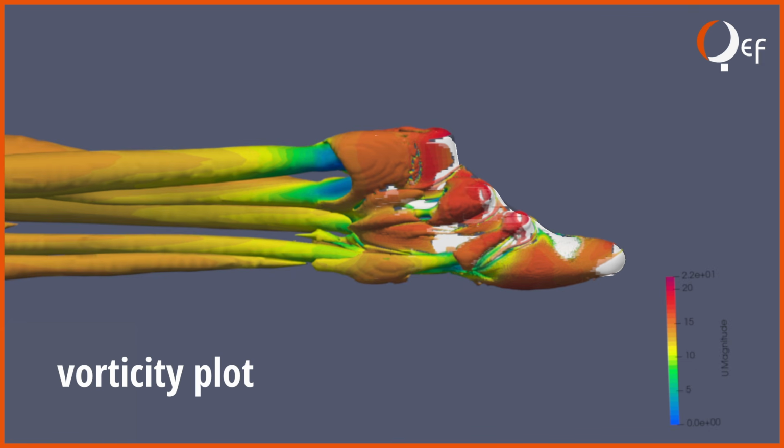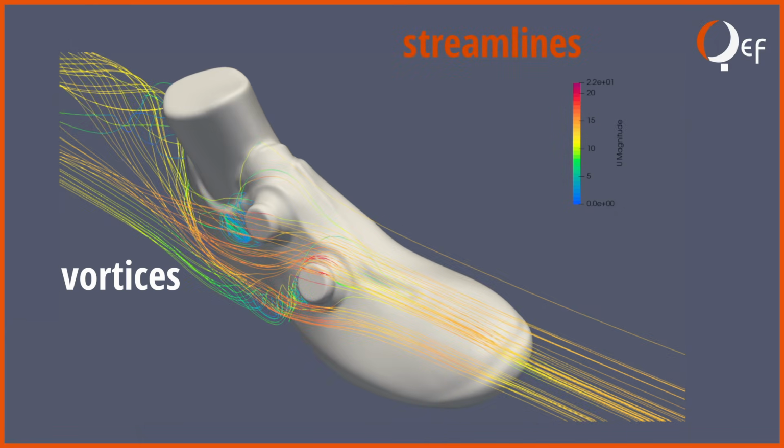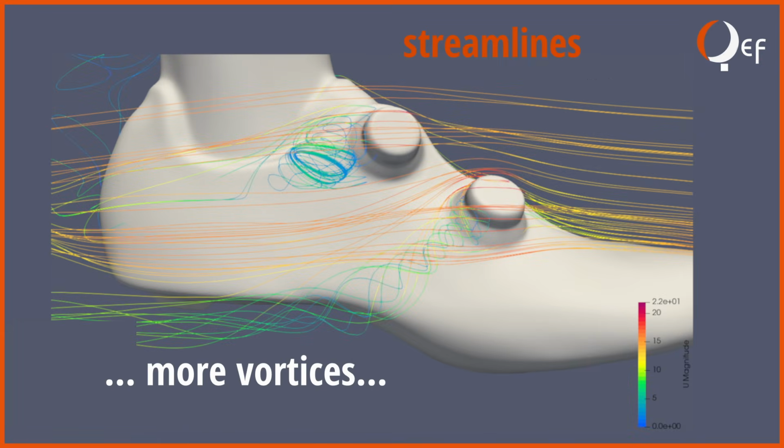Here is a representation of the shoe's vorticity, and you can clearly see the turbulence created by the two dials. Two final images featuring streamlines effectively illustrate the air motion around the dials and align with our previous considerations.